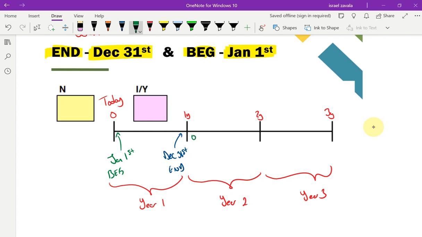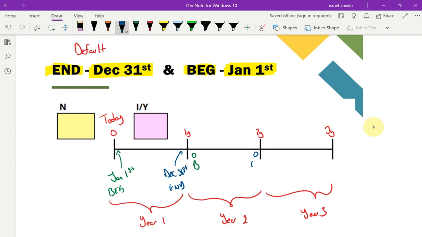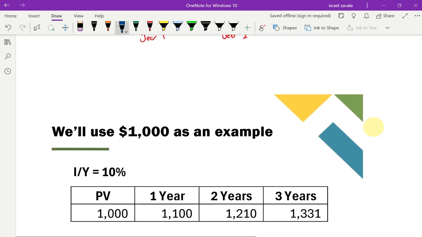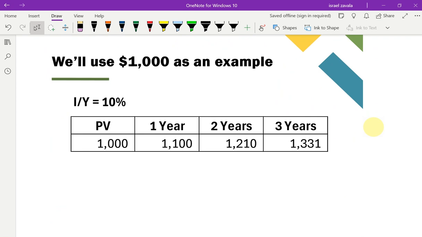We have a beginning, I'll denote that as B, and we have an end, and here we have a beginning, and we have an end, okay? So now that hopefully gives you a little bit of an idea between the difference between end mode and begin mode. All right, so I'm going to use $1,000 as an example, because that's what we're going to use in the 2 problems that I have for you below.